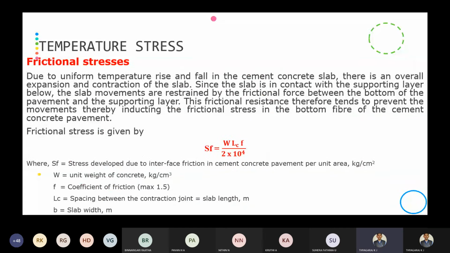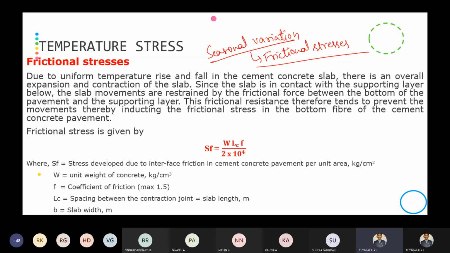Next concept is frictional stresses. I told you that because of seasonal variation, frictional stresses are going to develop. Due to uniform temperature rise and fall in the cement concrete slab, there is an overall expansion and contraction.